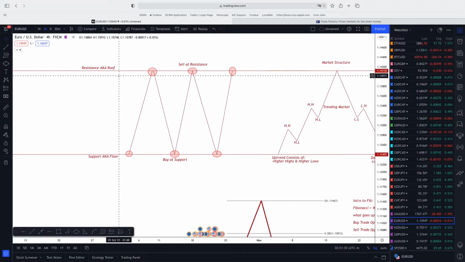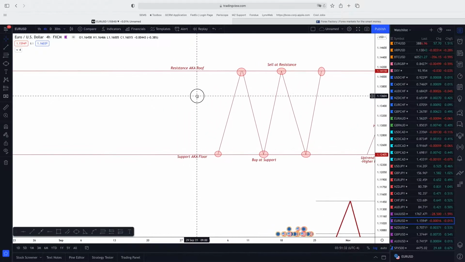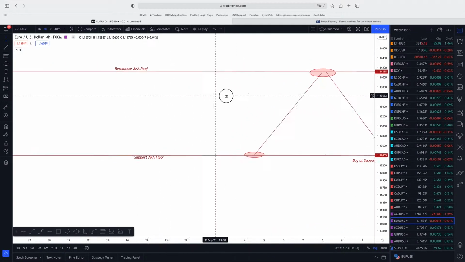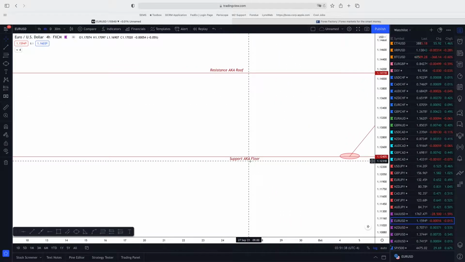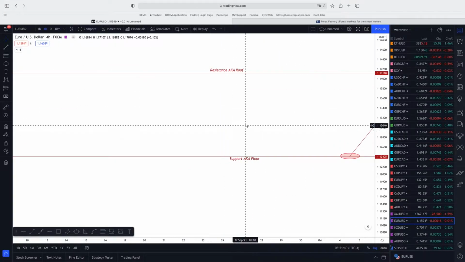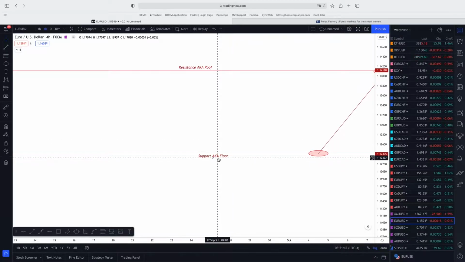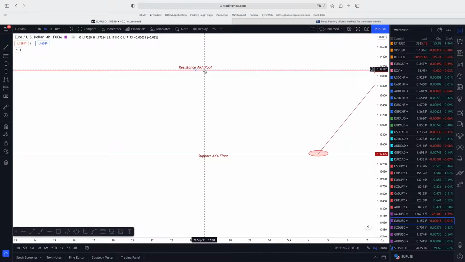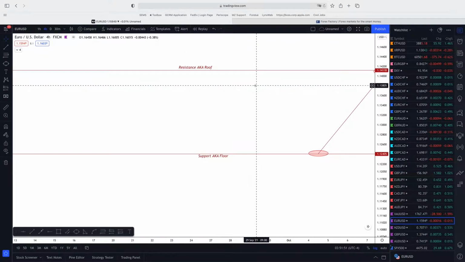The very first two things that I want to talk about that every trader needs to know is, guys, something called support and resistance in the market. Support in the market is known as the floor, and resistance in the market is known as the roof.